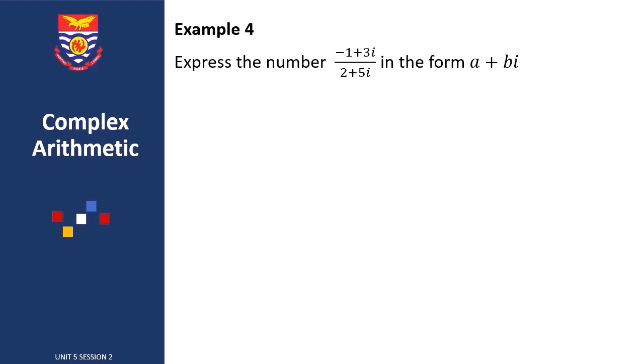Example 4: we want to express -1 plus 3i all over 2 plus 5i in the form a plus bi. So here I can write -1 plus 3i divided by 2 plus 5i.